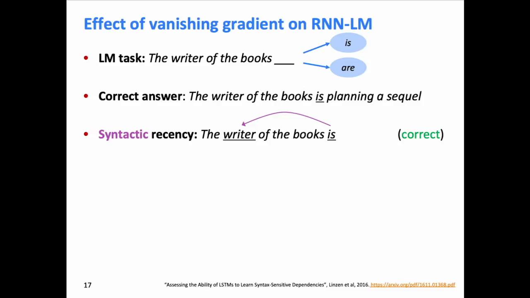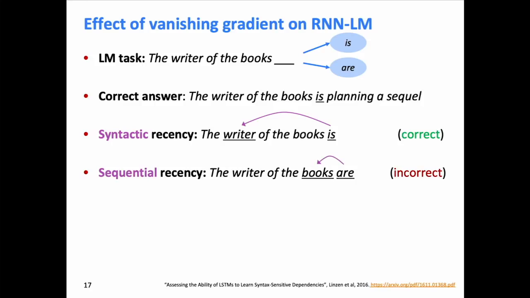You can see the words writer and is are syntactically close, because if you looked at the dependency paths, there would be a short path in that tree. By contrast, sequential recency is the simpler concept of how close words are just in the sentence as a sequence of words. So in this example, books and are are very sequentially recent because they're right next to each other.